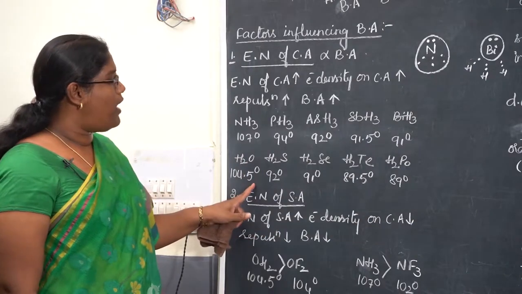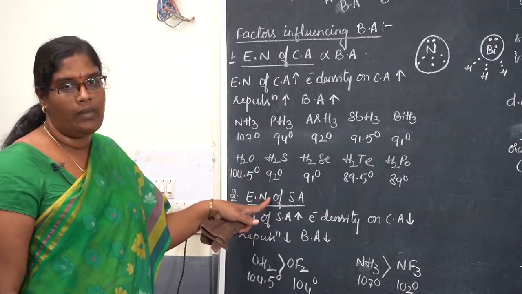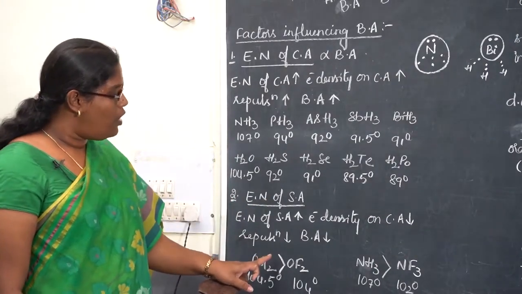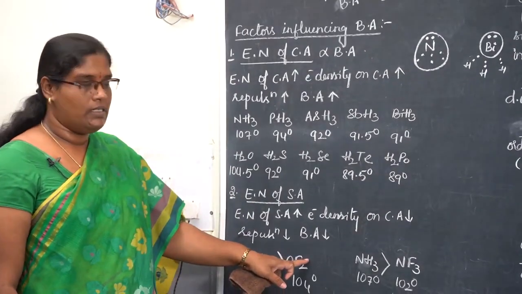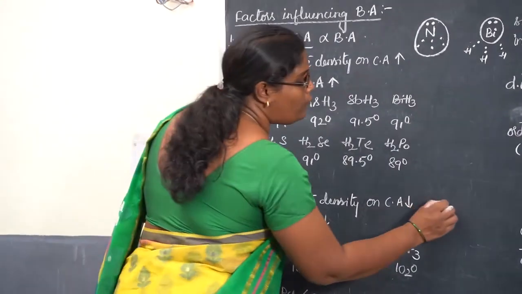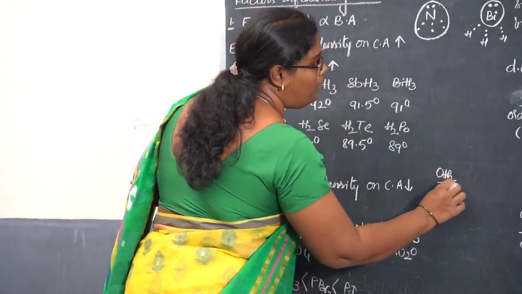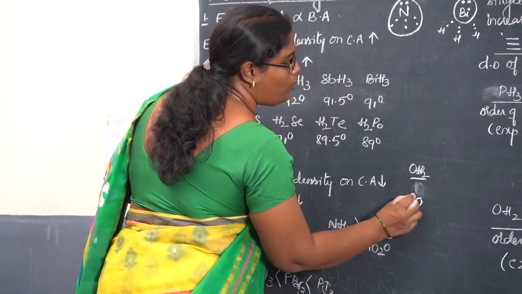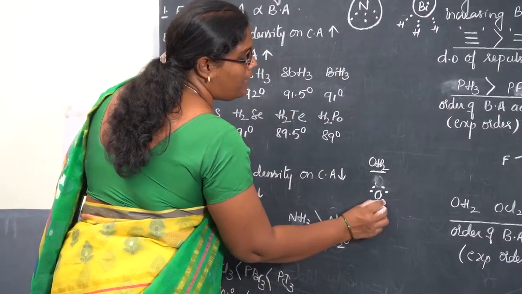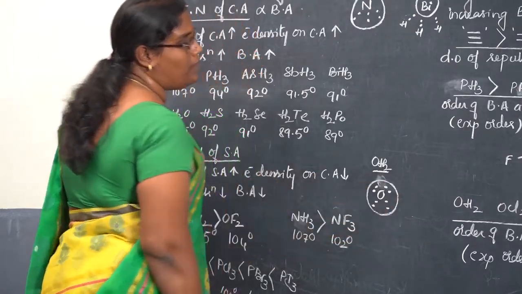Now the second factor, electronegativity of the surrounding atom. For this we are taking the example of water and oxygen difluoride. So what happens? If you take the water molecule, oxygen is more electronegative, so the lone pair density and bonded pair density is concentrated more on oxygen.